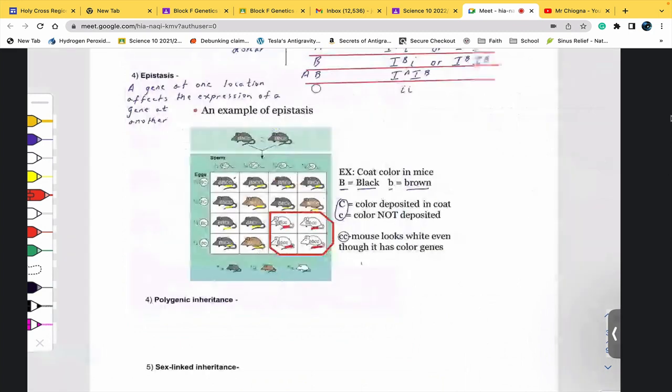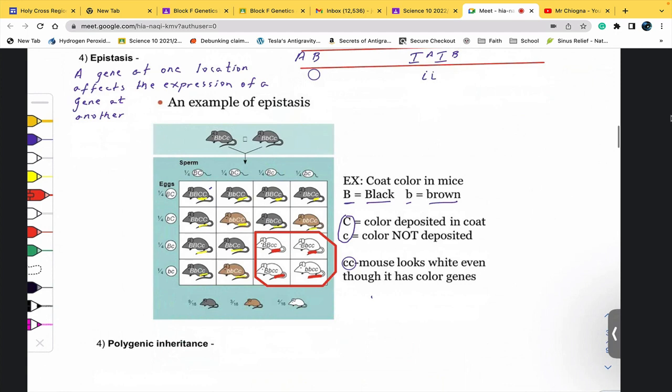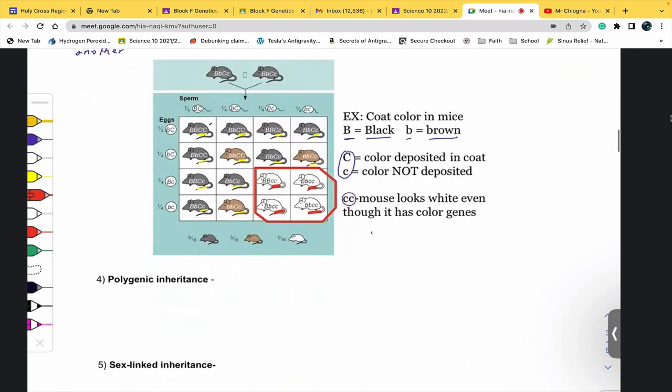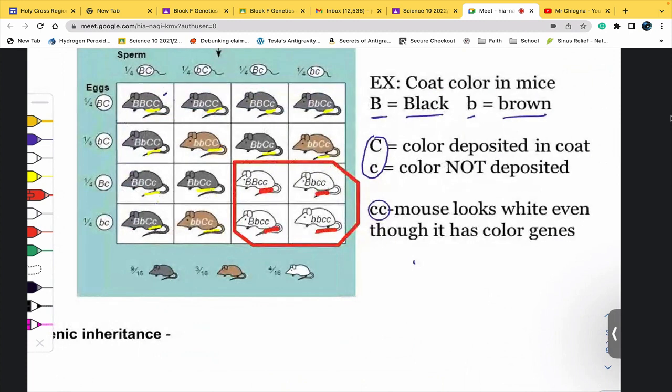Because of this understanding of epistasis, where the little c are the set of genes at one location that affects the expression of the other brown and black genes. Okay, so your ratio here turns out to be 9 of the gray or black, and then 3 of the brown and 4 of the white.